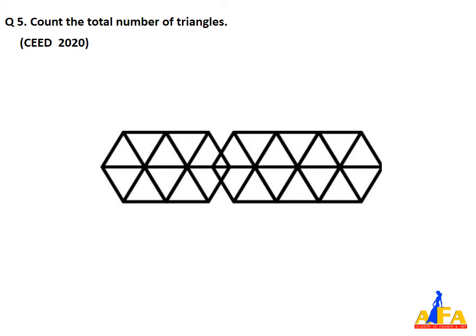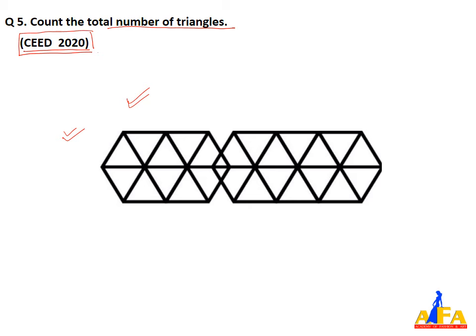Okay, so here you can also see you have to calculate the total number of triangles. This question already came in CSIR 2020, last year, like this year only. So this looks very simple and you can also do it very quickly. So start doing that.